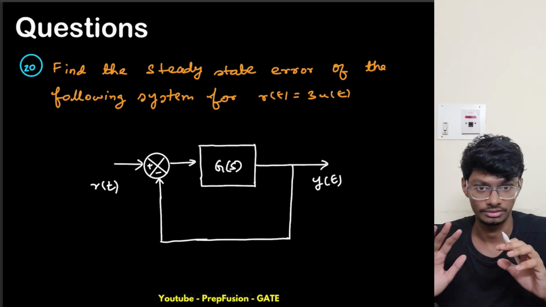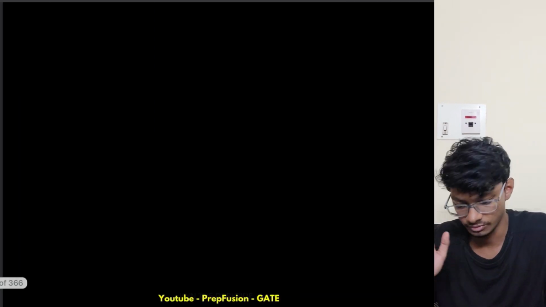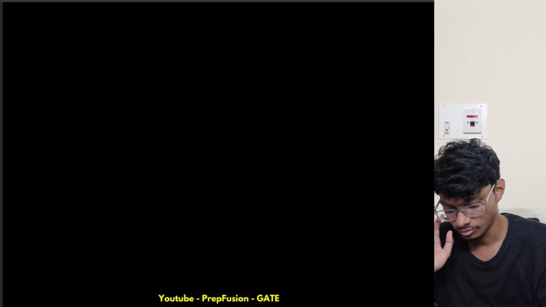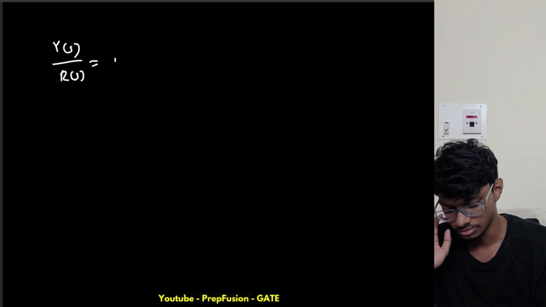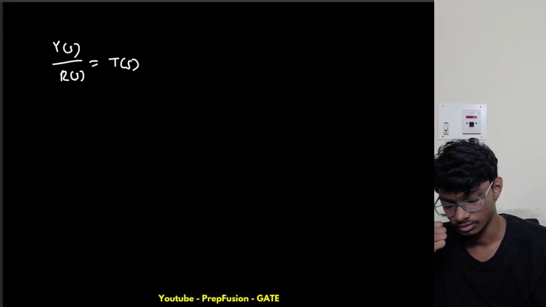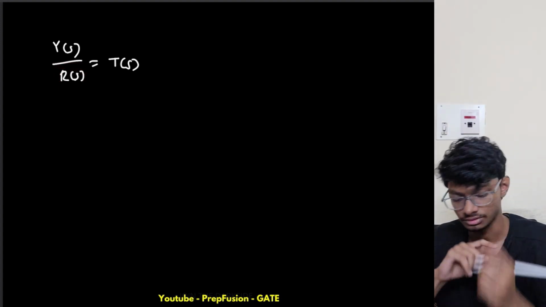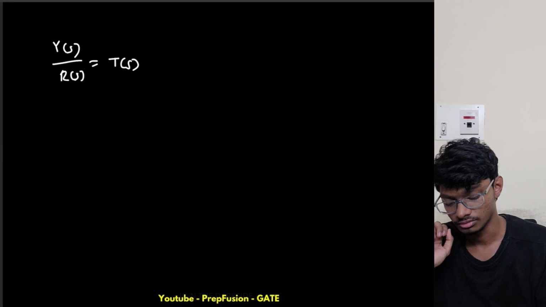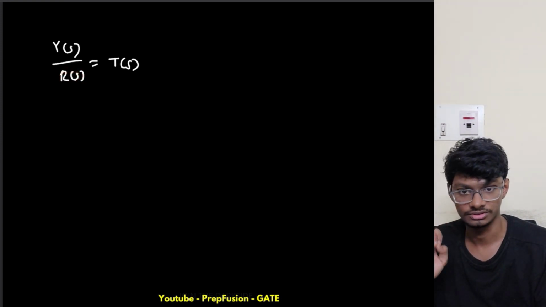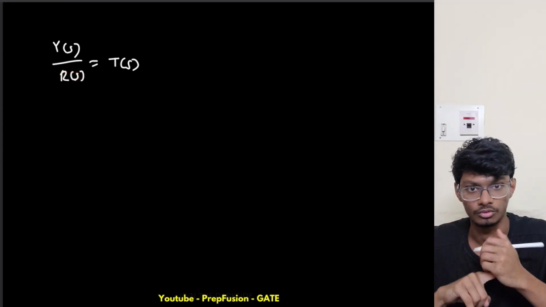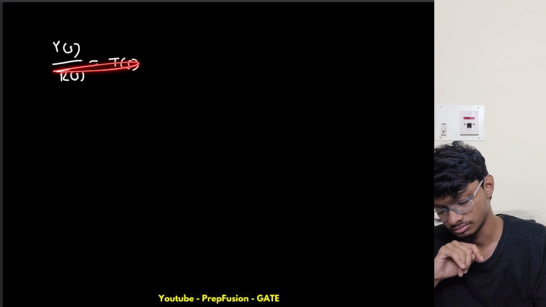That is already taught, but I will revisit it once. My transfer function is Y of s upon R of s equals T of s. Now R of s for an impulse is 1, since the Laplace transform of an impulse is 1, so the transfer function is simply the output only.